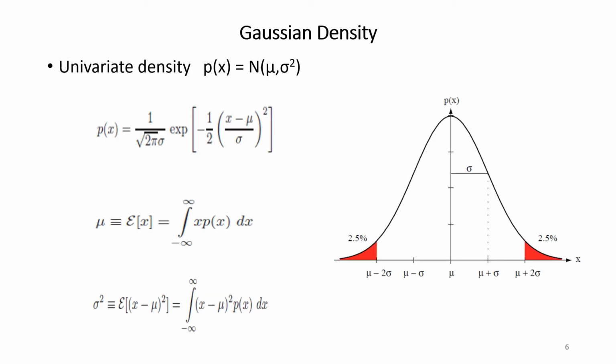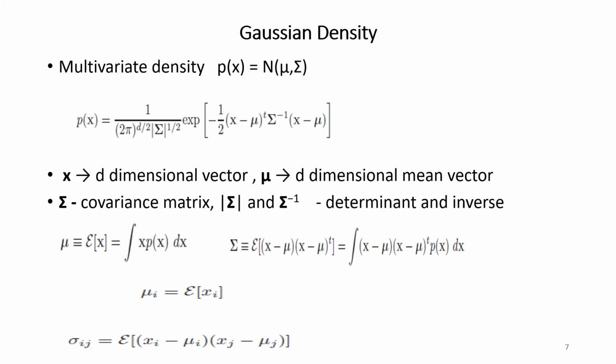The Gaussian density function is given. Univariate means the variable x is single dimensional, mu is the mean and sigma is the standard deviation. Here the multivariate Gaussian density function is given. Multivariate means the variable x is multi-dimensional.